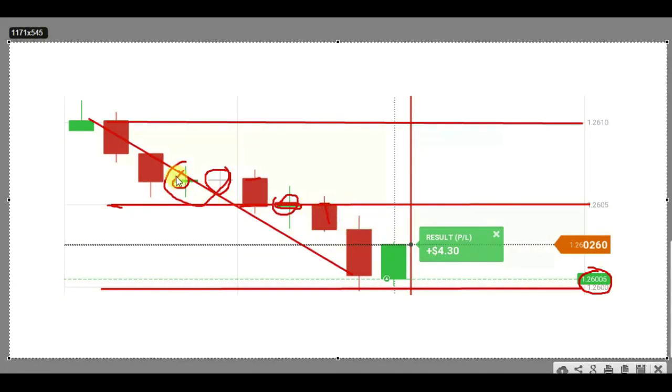And if you check all these candles, they are bigger than any other candles and got rejected from this round number. Okay, and there can be a small candle something like this.